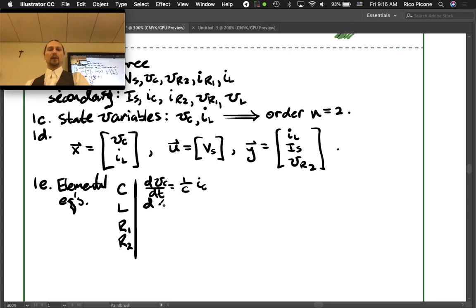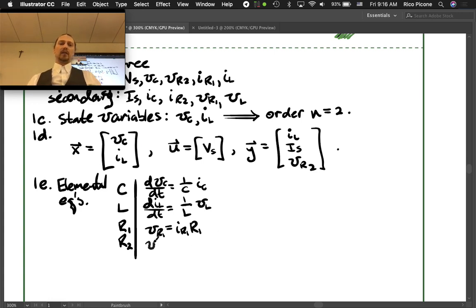The elemental equation for an inductor: dIL/dt equals 1 over L times VL. For a resistor, we have just Ohm's law, right? VR1 equals IR1 times R1. And for the other resistor, VR2 equals IR2 times R2.